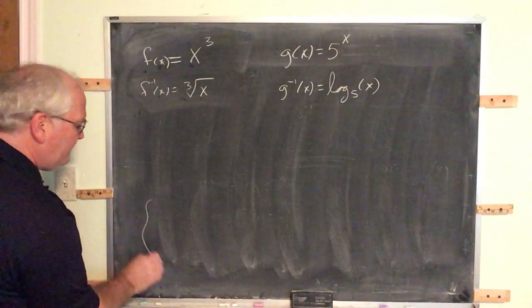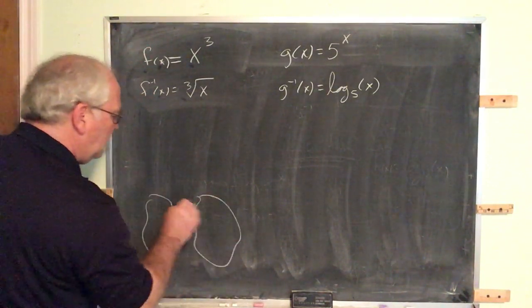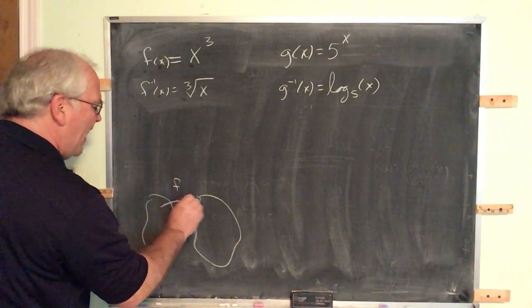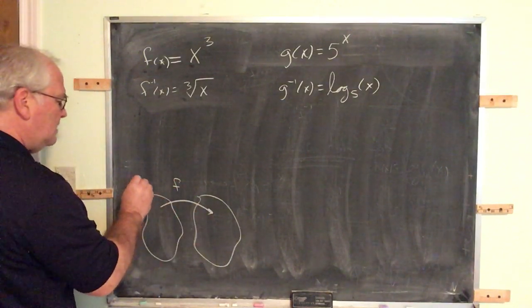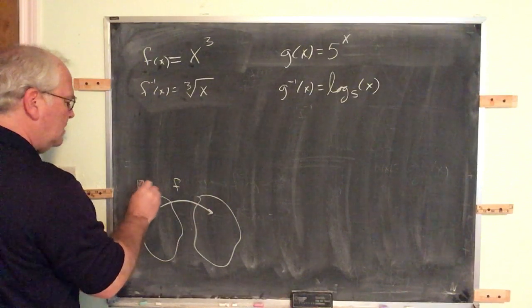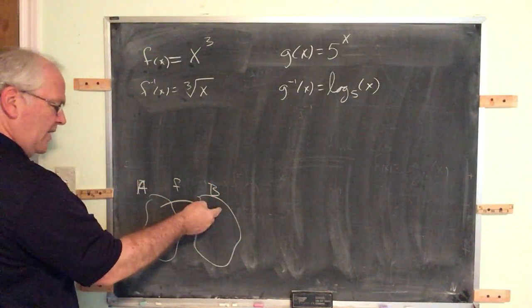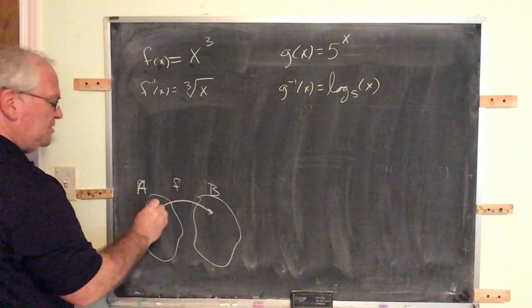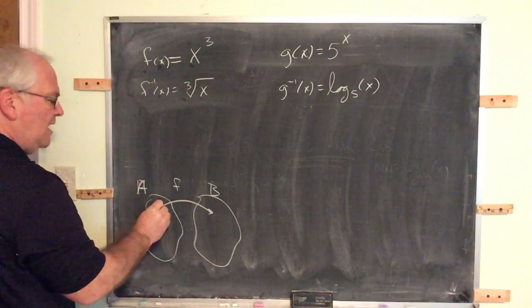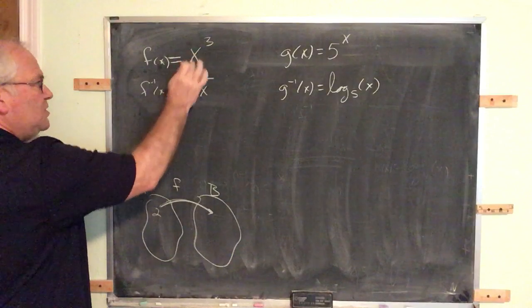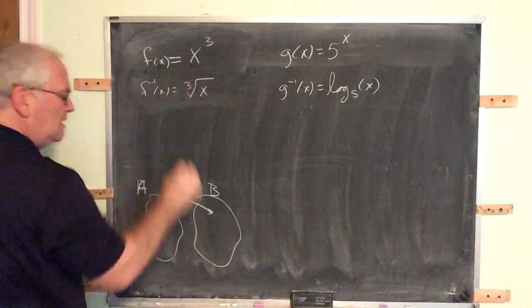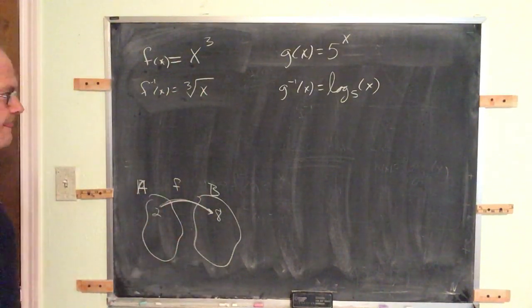Remember what we actually have here is f maps domain A to range B. So here's the domain, there's the range. So f, if there's 2 in this set, f of 2, 2 to the third power, goes to 8.